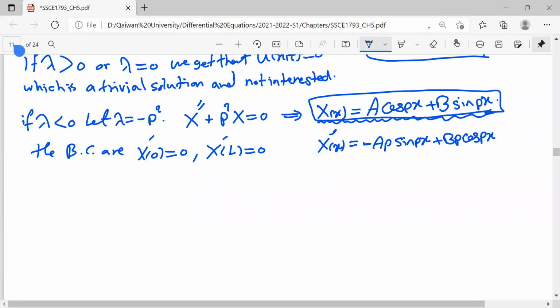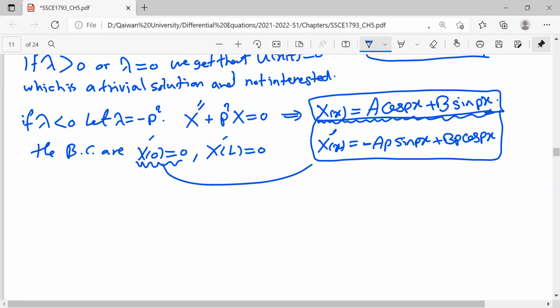Derivative of sine is cosine. This is X prime. Now we apply the boundary conditions. X prime of 0 is 0, so in X prime we replace each x by 0 and equal it to 0. And also we replace each x by L and equal it to 0. Both of them.